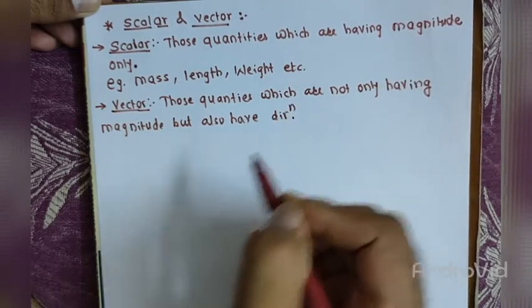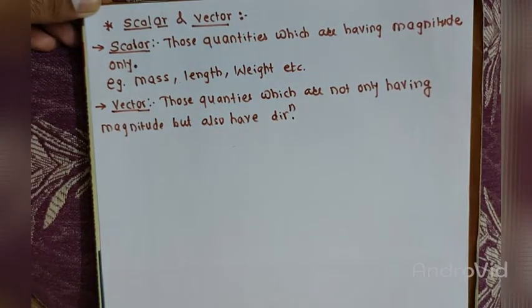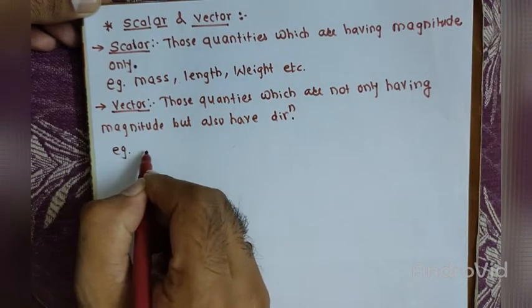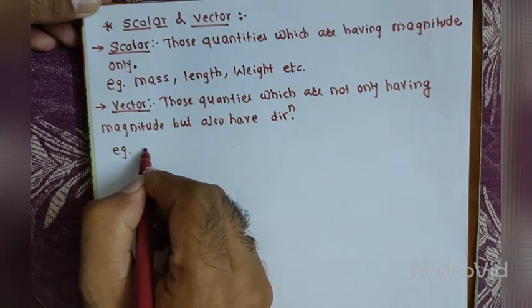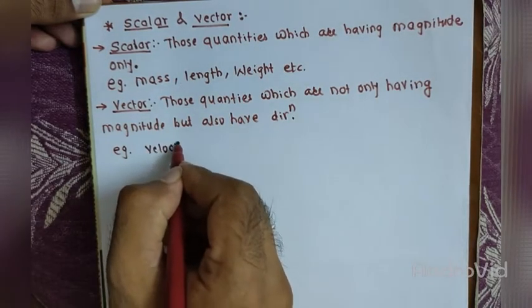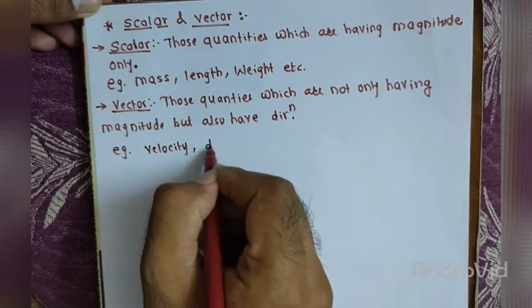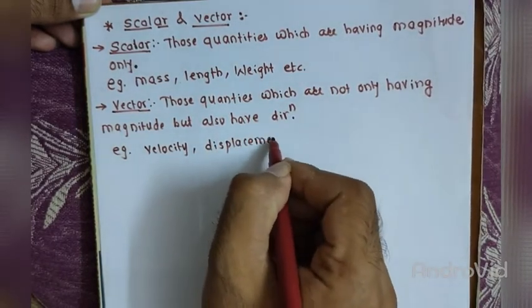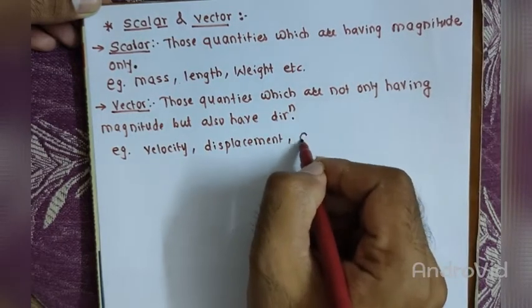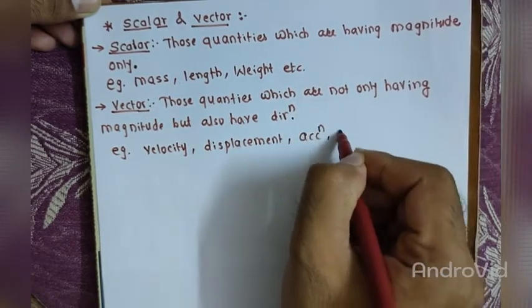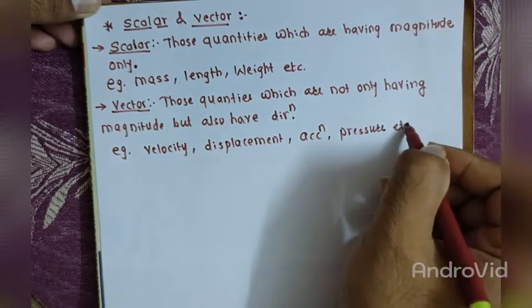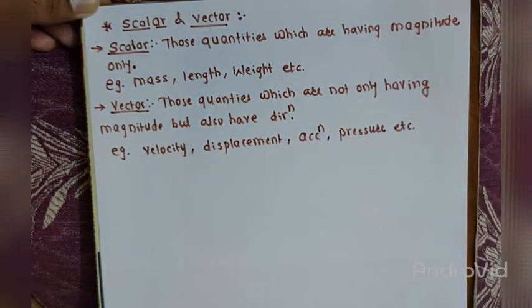So basically vector quantities are those quantities which are not only having the magnitude but also having the direction. What are the examples of vector quantities? Velocity, displacement, acceleration, pressure. So these are some examples of vector quantities.